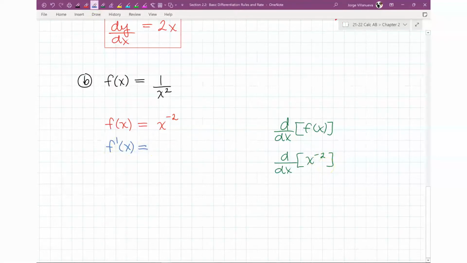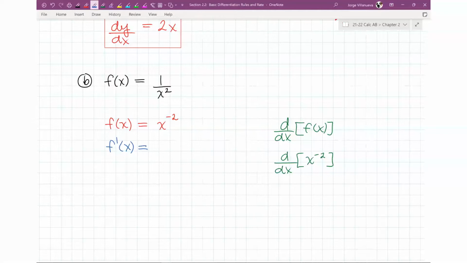This is the other one that's highly used. dy dx and f prime of x are the most common ones, though y prime is not used as often. You can use the ones in green. They still do the same thing. It still means that you're taking a derivative of f of x, or of x to the negative 2. But most people say, here's my original function, here's now my derivative. So f of x and f prime of x.